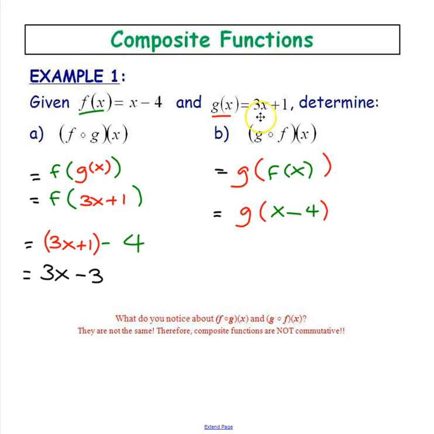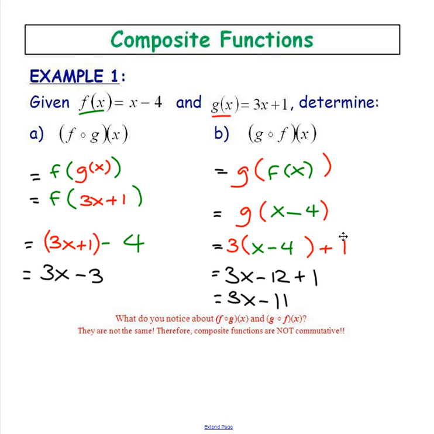Wherever you see an x value, you're going to substitute all of this instead, in a bracket. There's the 3x plus 1, but instead of the x part, I'm going to write the green part. So we've now substituted f of x into your g of x function.